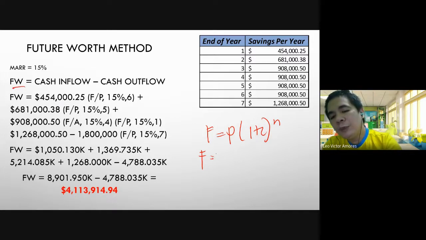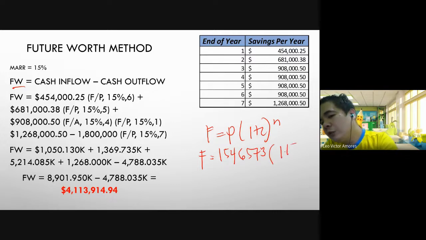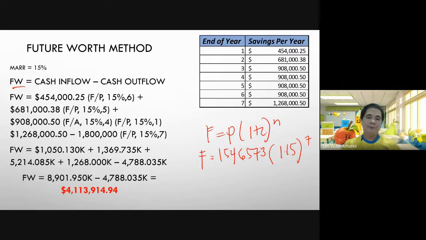What is your P? 1,546,573 times 1.15 to the exponent of 7. So basically, the answer for this one is equal to that one. Okay?